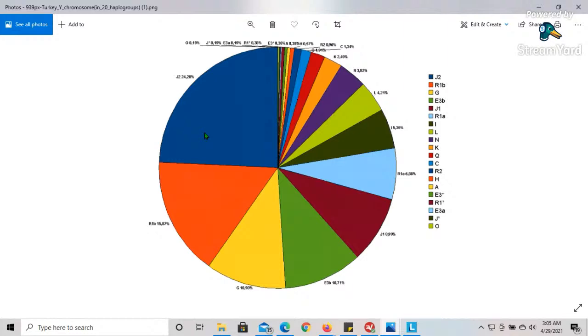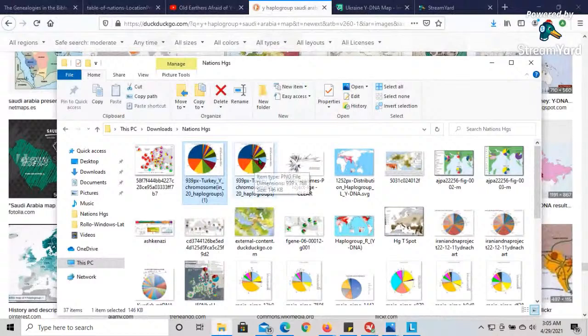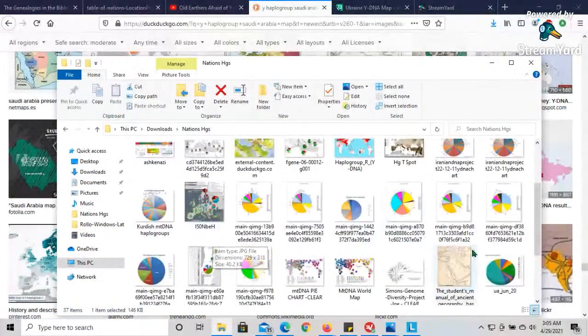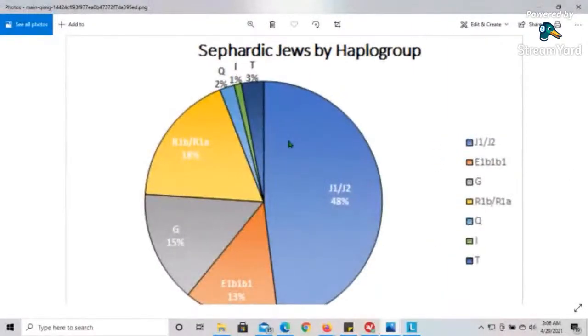So let's just sample in Turkey. This would be another sample, same thing. I guess it's the same thing. What's this? Oh, Sephardic. Okay, so we got Sephardic here. This is interesting.